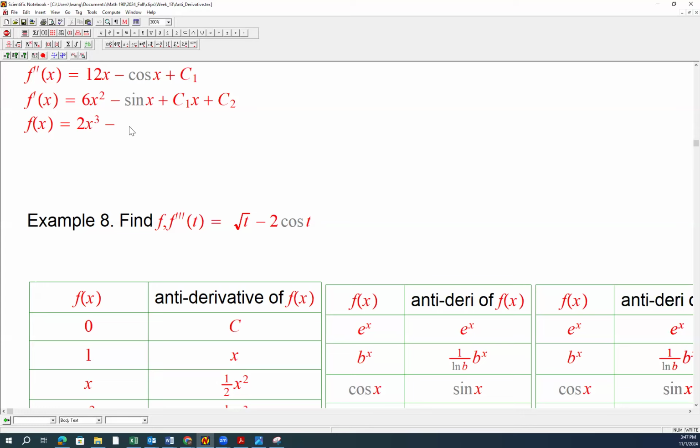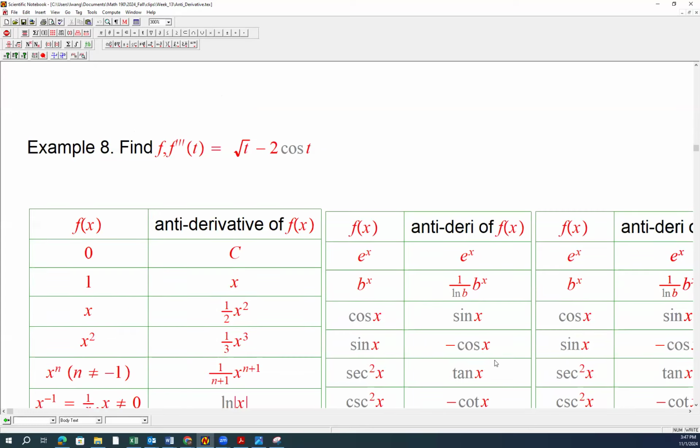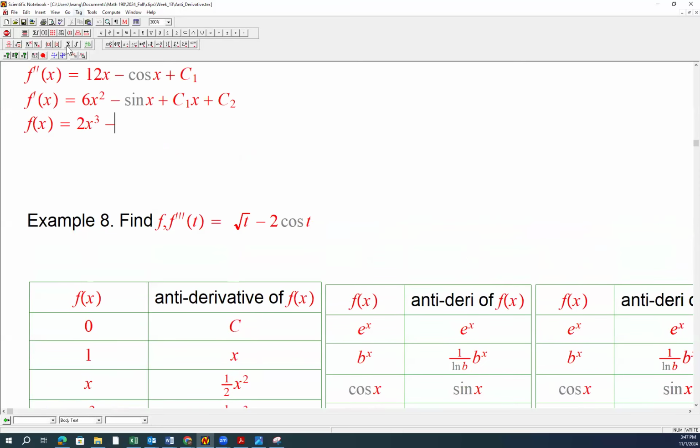And the antiderivative of sine x is negative cosine x, so over here, we're going to have a negative cosine x, of course that's going to be plus cosine x, plus the antiderivative of C sub 1 times x.